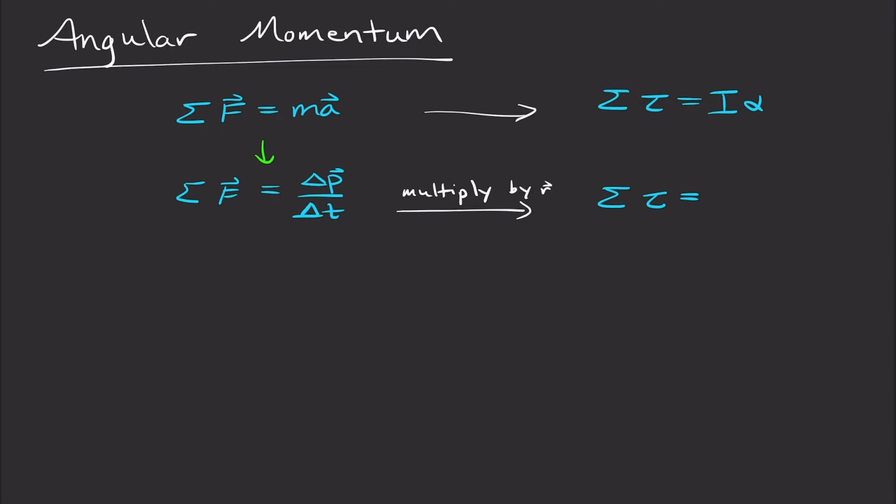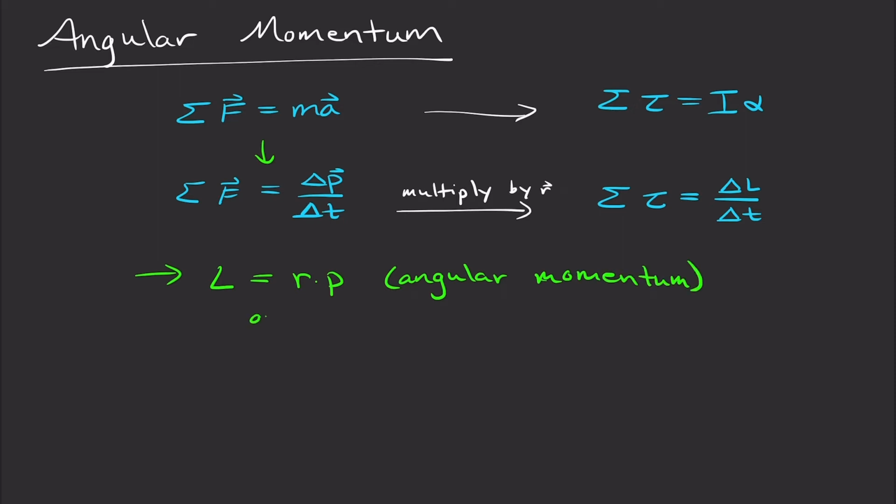And we're going to call that quantity P times r our angular momentum, and it's going to be given the letter L. So this is the change in angular momentum over time. So this means that L is equal to r times P, and we're going to call this angular momentum.